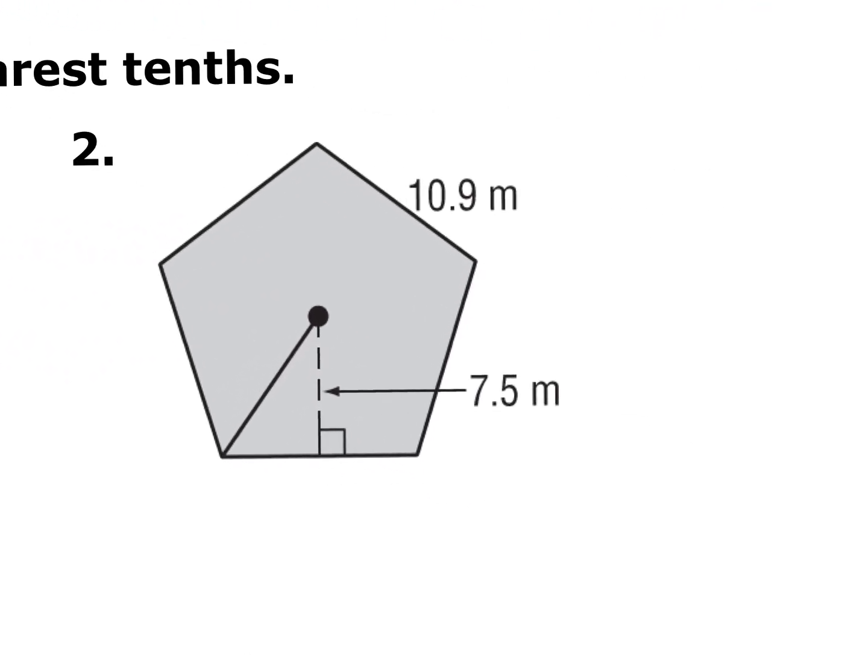Number 2, similar principle. Our equation is that the area is equal to 1/2 times the apothem times the perimeter. We have a 1, 2, 3, 4, 5-sided figure, with each side having a measurement of 10.9 meters. 10.9 times 5 gives us a perimeter of 54.5 meters.